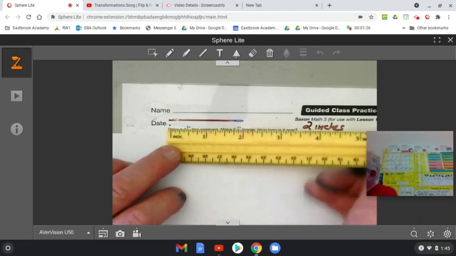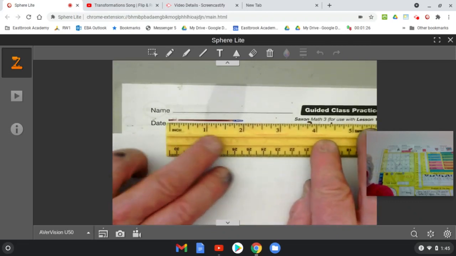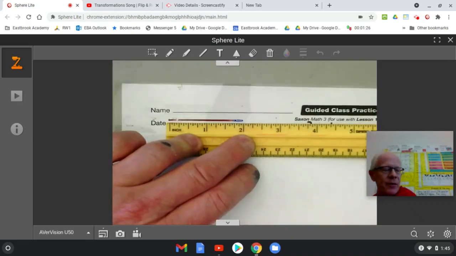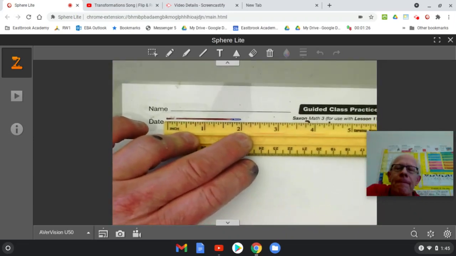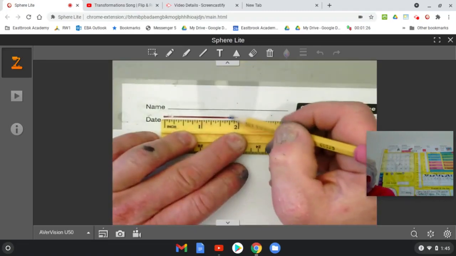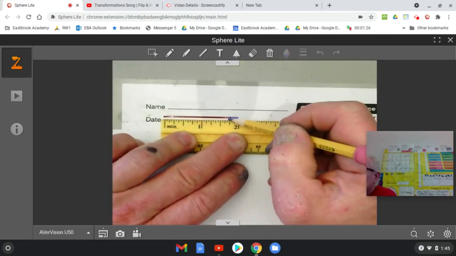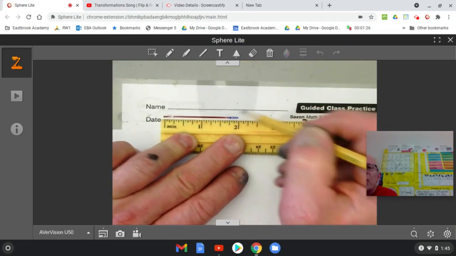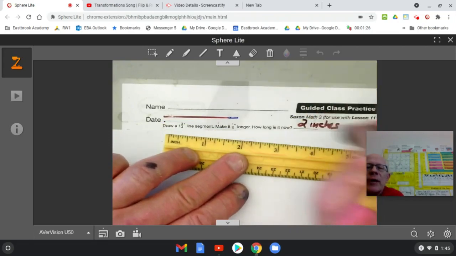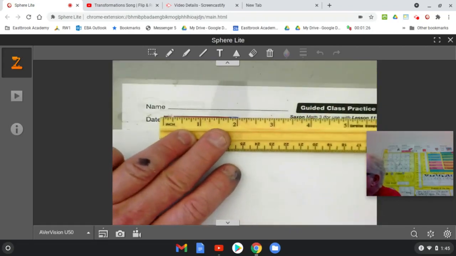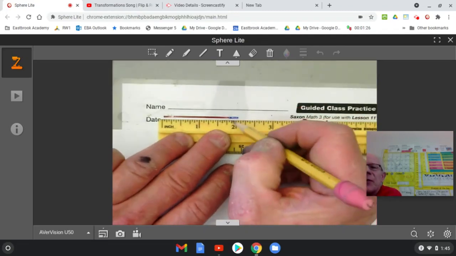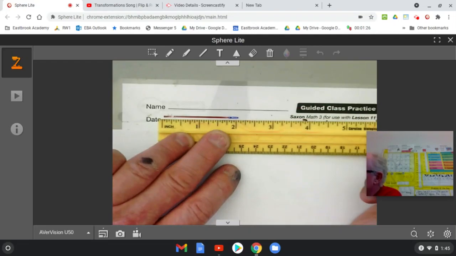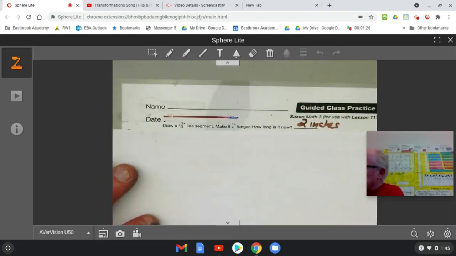I got out my ruler and I drew a 1 3/4 inch line segment. It's the brown part of my line. So right here, this is 1 3/4 inch. 1, 1/4, 2/4, 3/4. So this is 1 3/4, and then it says make it a 1/4 inch longer. How long is it now? Well, a 1/4 inch is from here to here, and so now it's 2 inches long. That's what I wrote down.